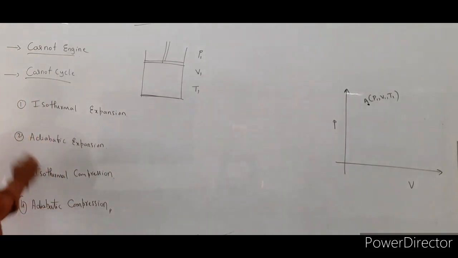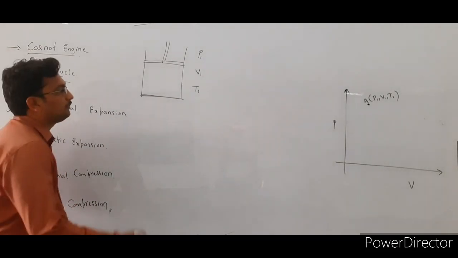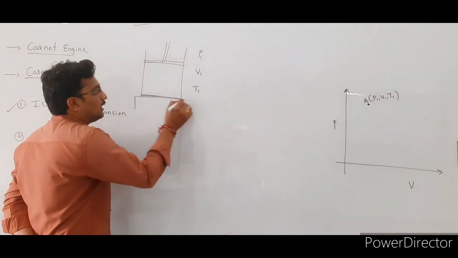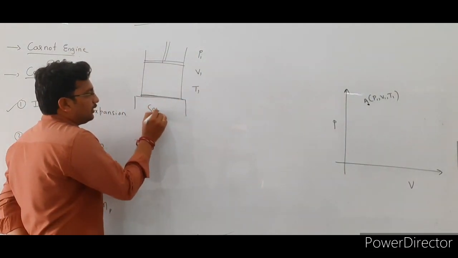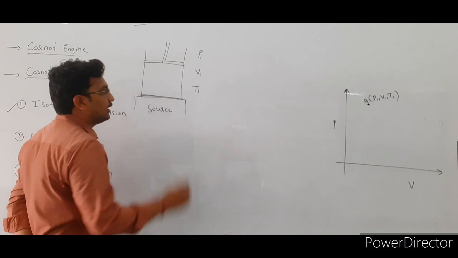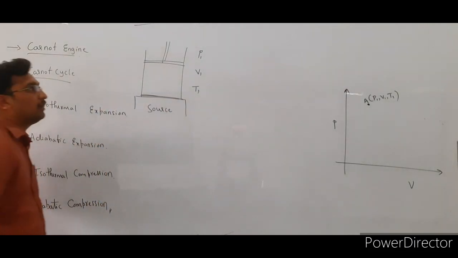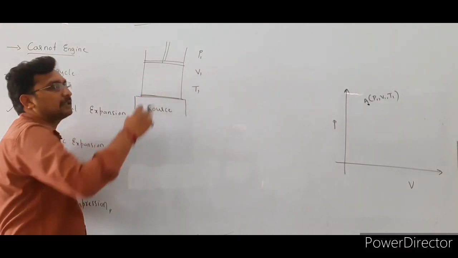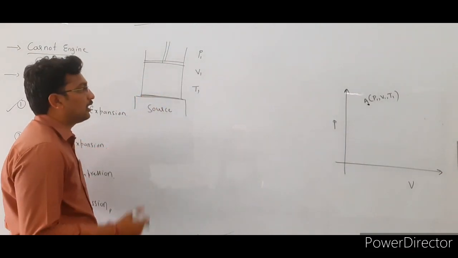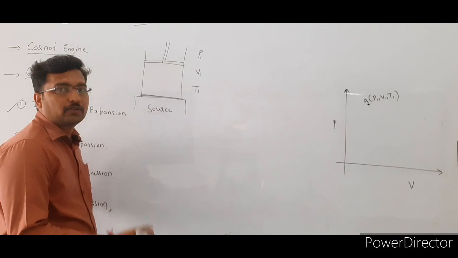Okay, see here. In the first process, isothermal expansion, we place this cylinder on the source, and we allow the gas to expand isothermally.